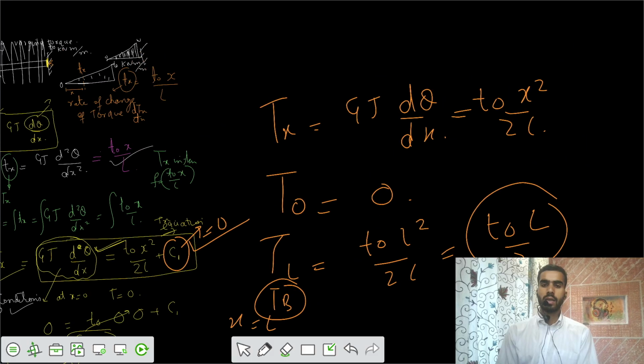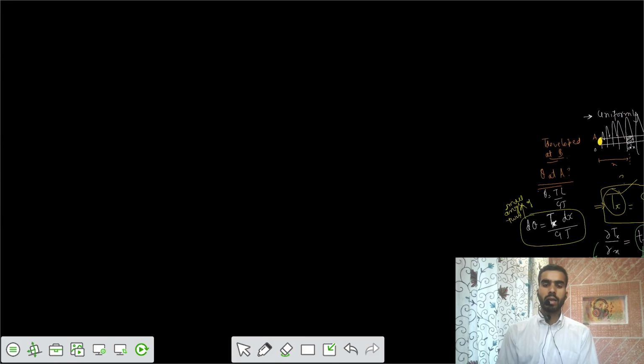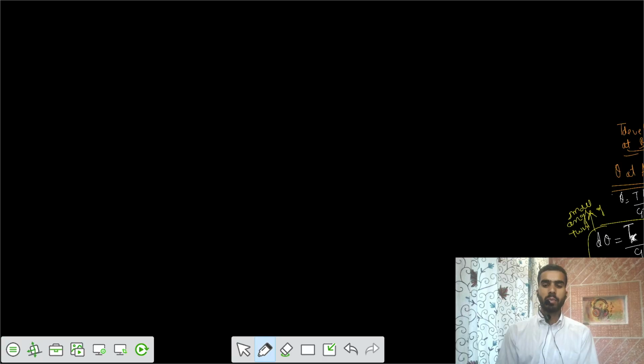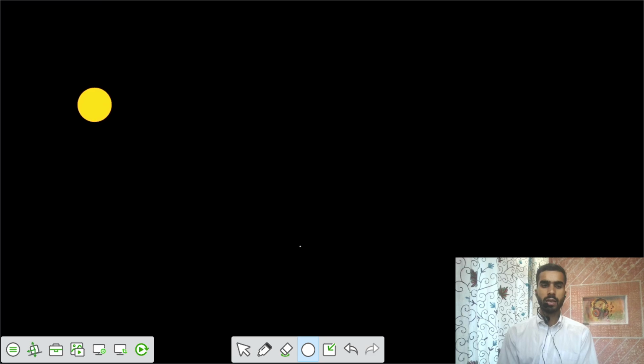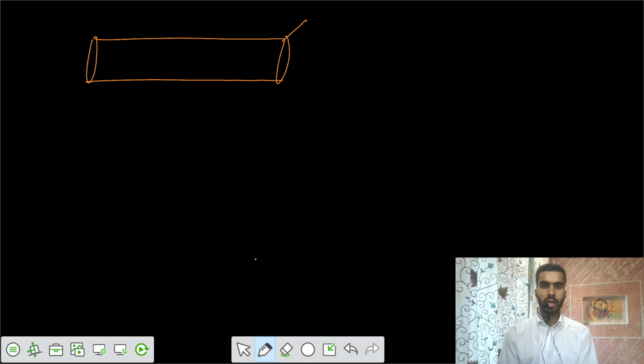Now for the same problem, but if I keep both sides fixed. Let's say this is your shaft, and it's fixed from both sides.